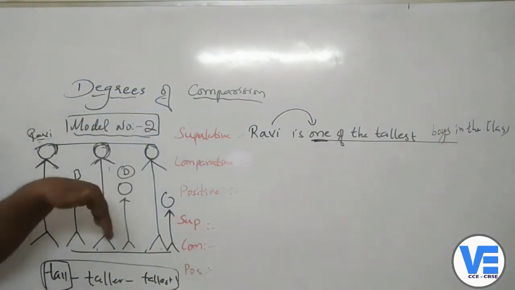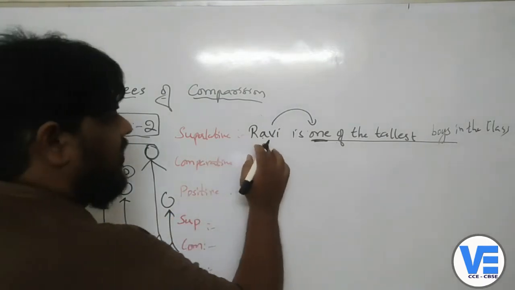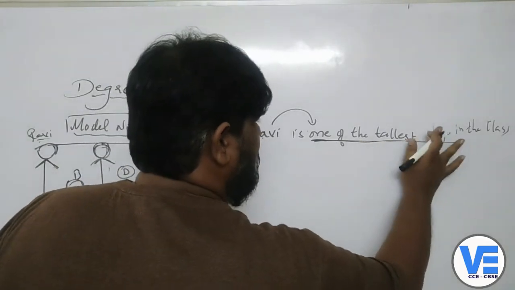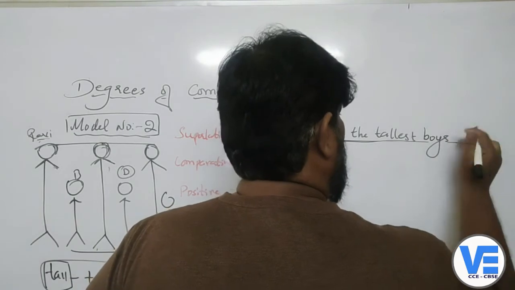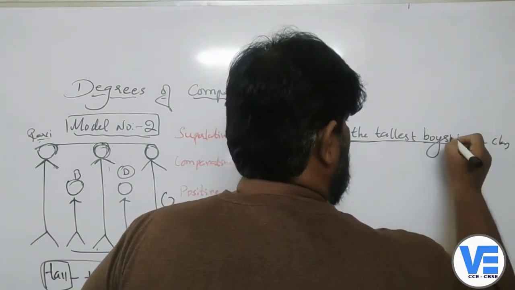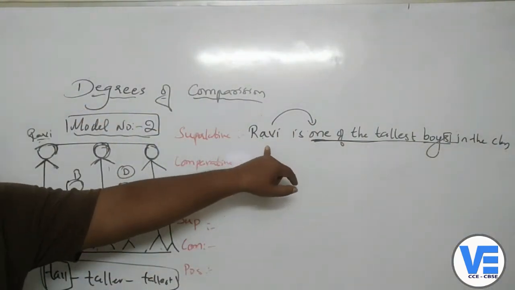That's why I made him one of them. See what I have written here: boys in the class. What I have used here is the plural. So Ravi is one of the tallest boys in the class.